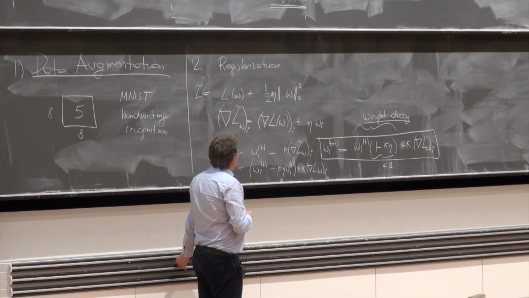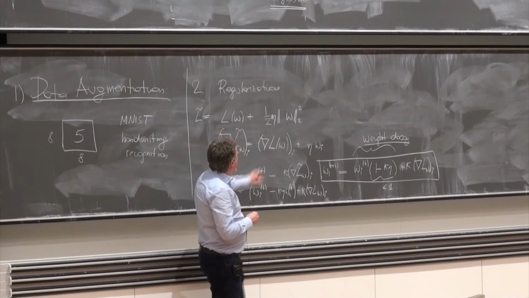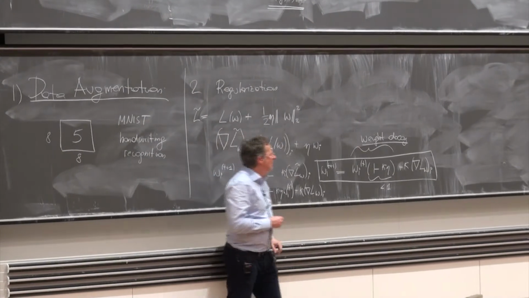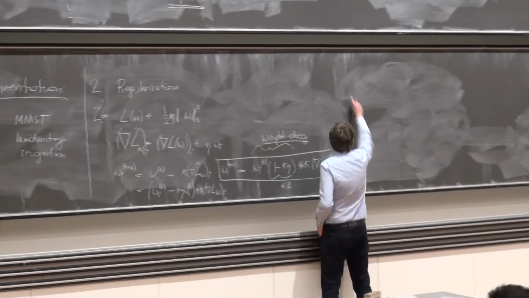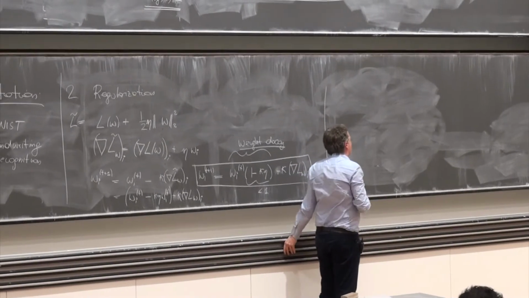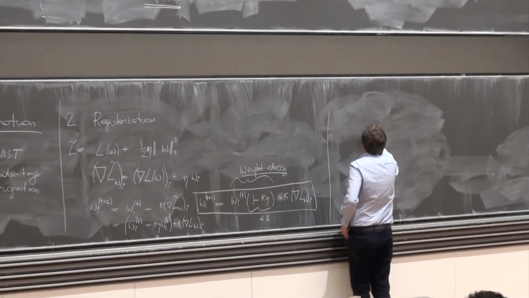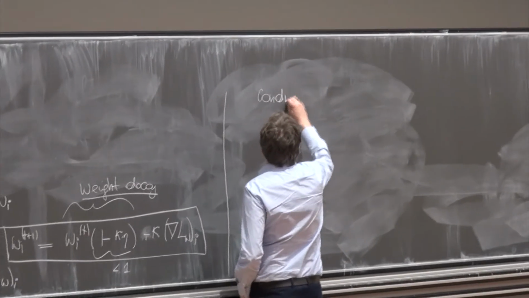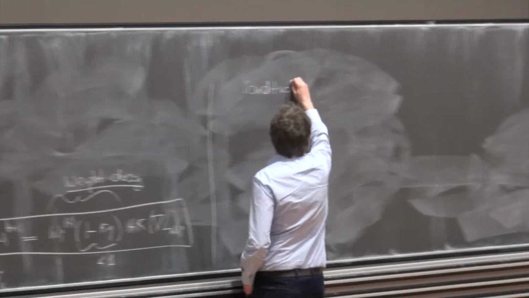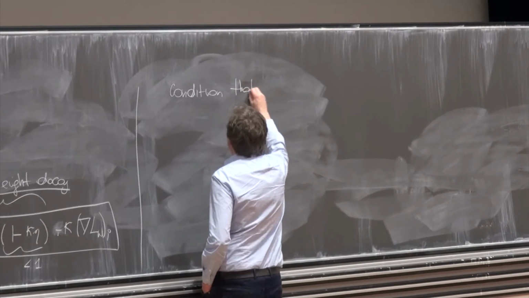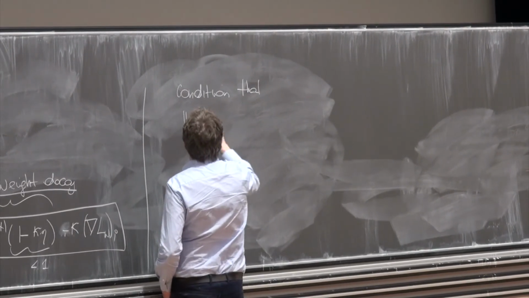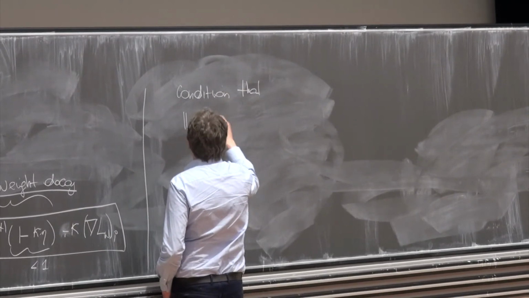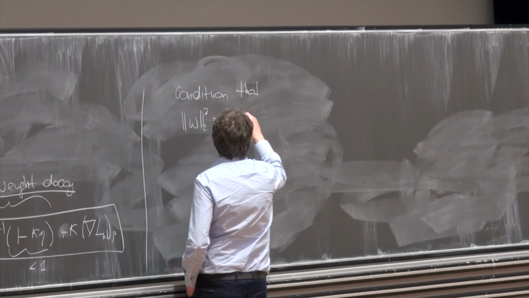There's also another interpretation that can be useful. So this happens if you simply give it a regularization term here. You might also ask, and we did this already for the linear terms, you could also insist that you condition that this thing here, the W, is equal to a constant.